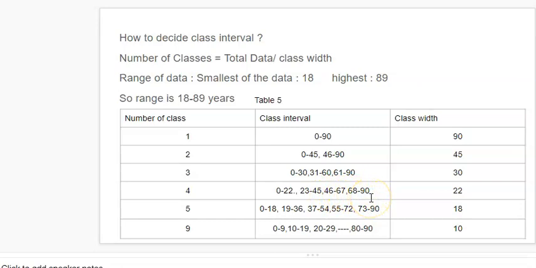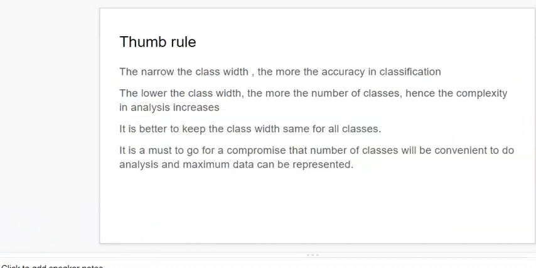As the number of classes increases, class width decreases, and the more information we can explain from it. So as a thumb rule, we can say the narrower the class, the more the accuracy, but the more the number of classes, the more the complexity of analysis also increases. It is better to keep the class width the same everywhere, and it is a must to compromise between the class width and the number of classes.